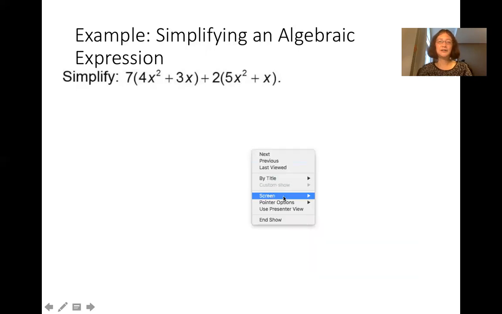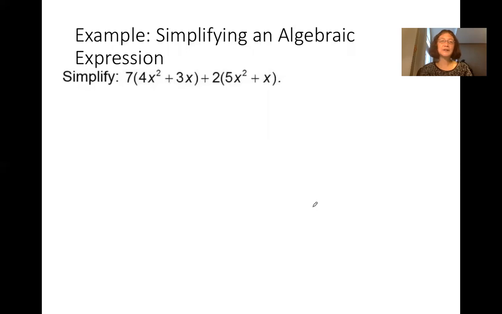This is another example about simplifying an algebraic expression. Okay, so let's do this one together. So 7 multiplied by 4x squared, 28x squared. Then 7 multiplied by 3x, 21x.